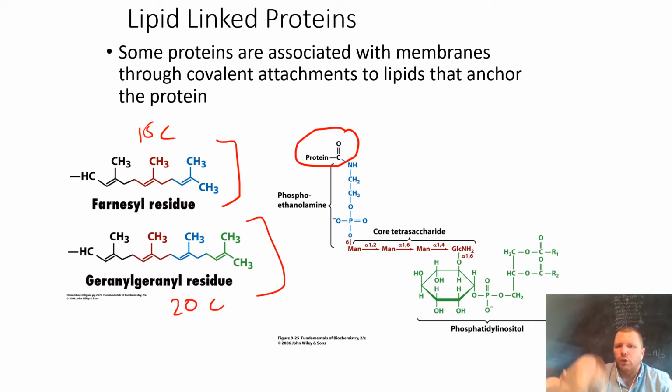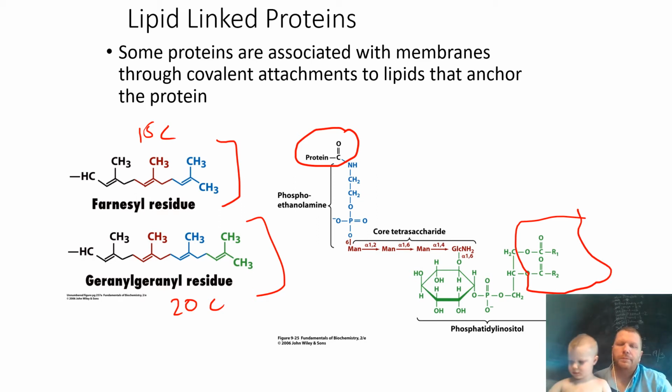Then through several sugars, you have a phosphatidylinositol group that is integrated within the membrane. We already talked about glycerophospholipids, but this is an example where our head group, phosphatidylinositol, has some sugar linkages that are then phosphorylated that give a connection to your protein itself.